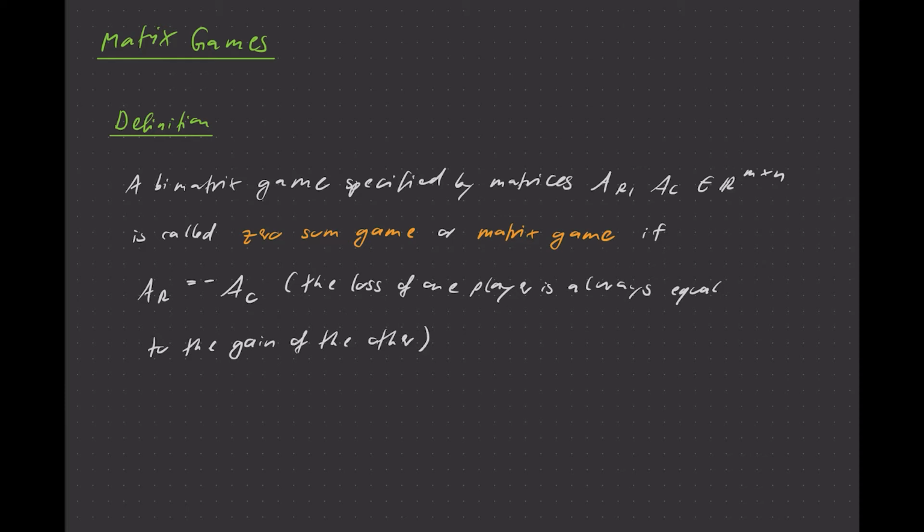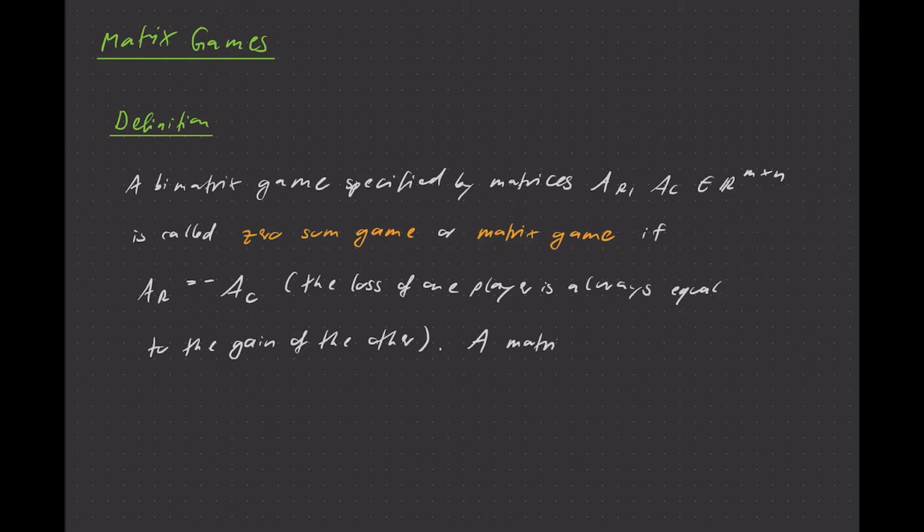This can be used to model games where one player pays to the other a certain amount of money depending on the outcome of the game. A matrix game can be specified by just one matrix, and by convention, we use the payoff matrix of the column player to do that.